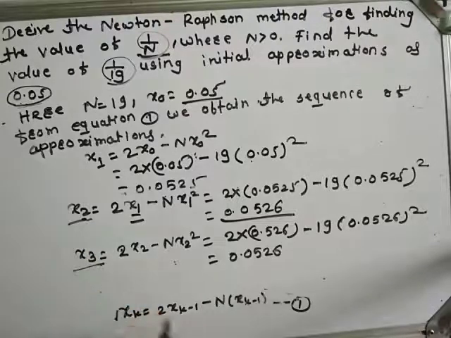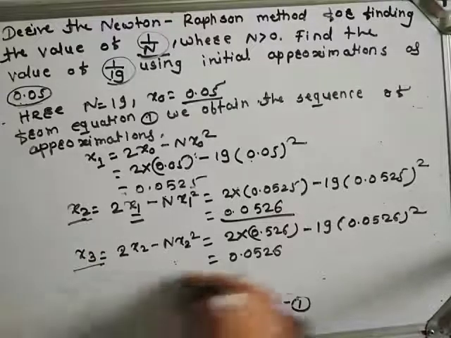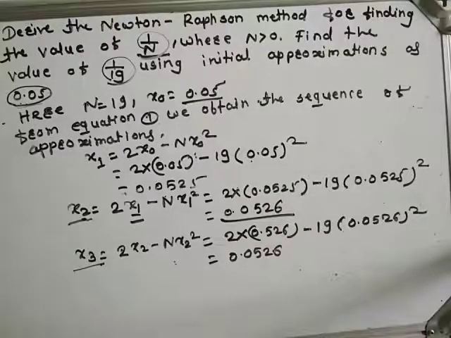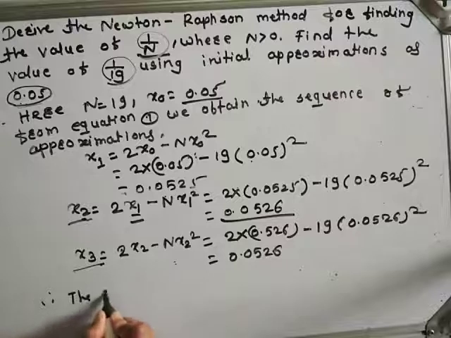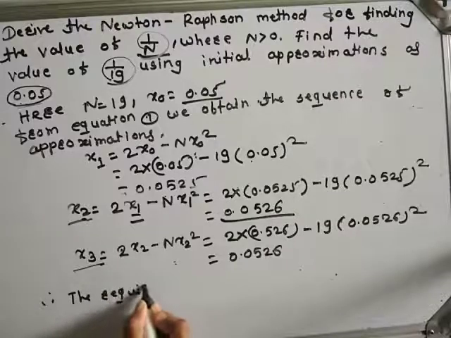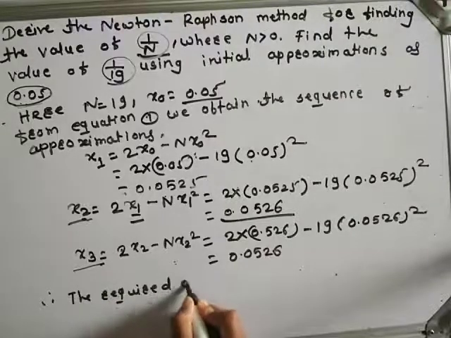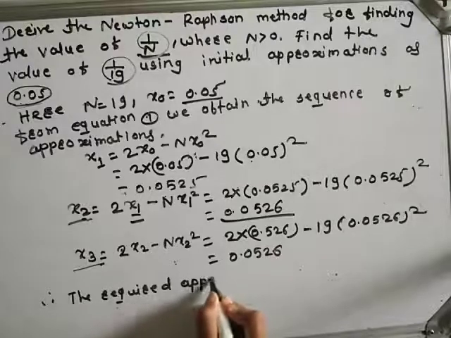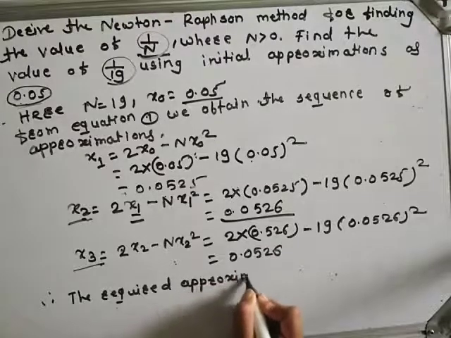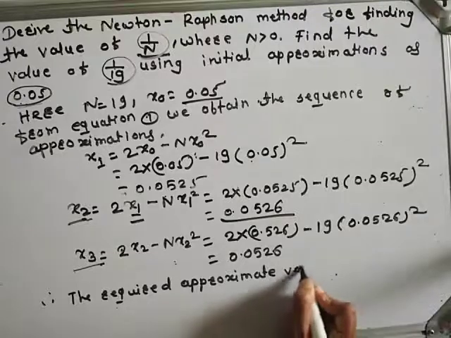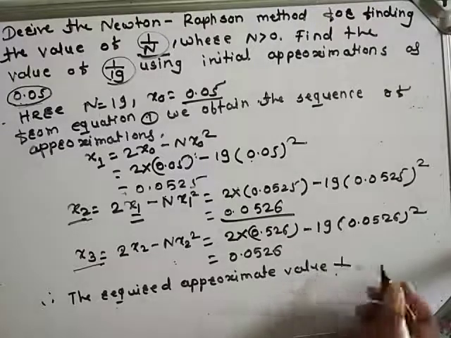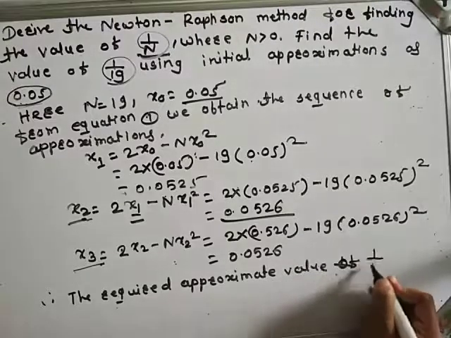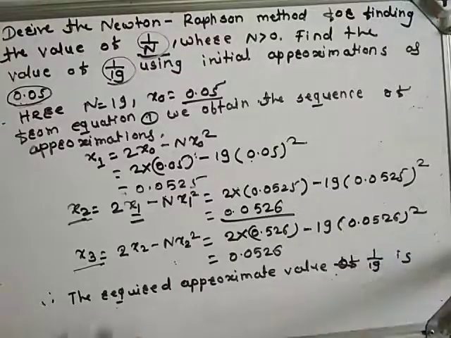Therefore, we will stop the iteration. Therefore, the required approximate value of 1 by 19 is 0.0526.